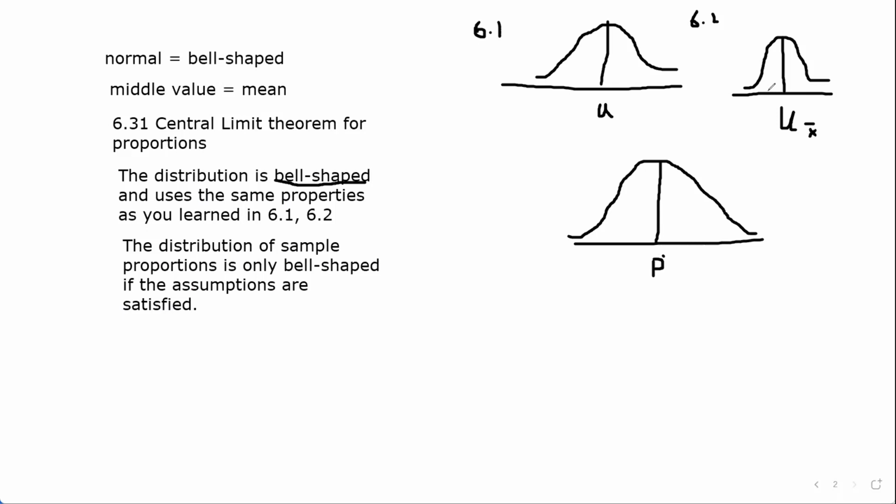That's what we're saying. So this is the distribution of p's. Now, if this is the distribution of proportions, you would expect the formula to be different, and it is. But the computations are similar.